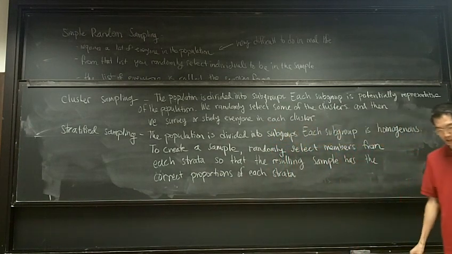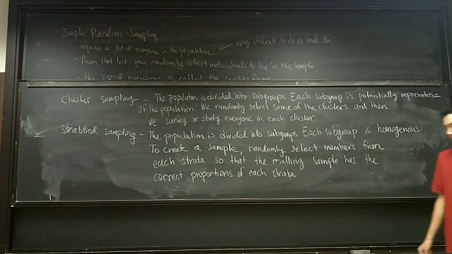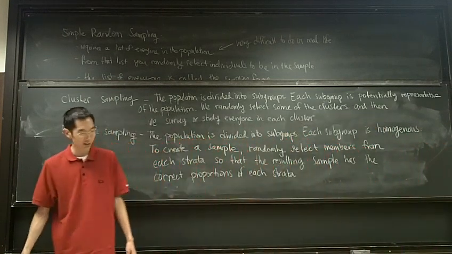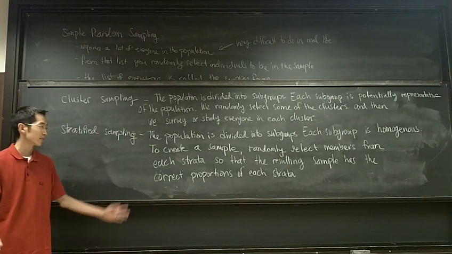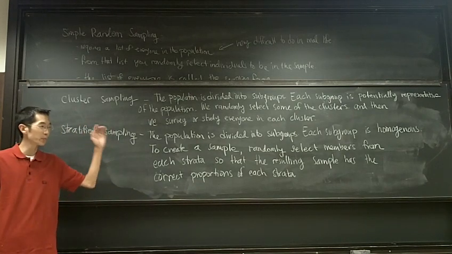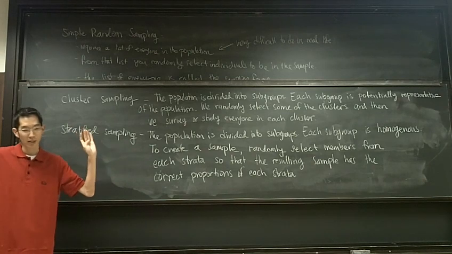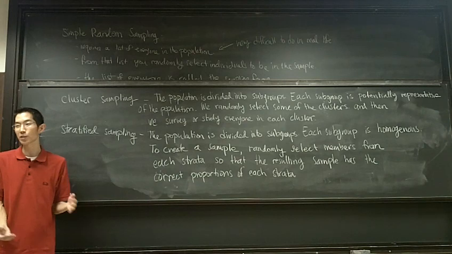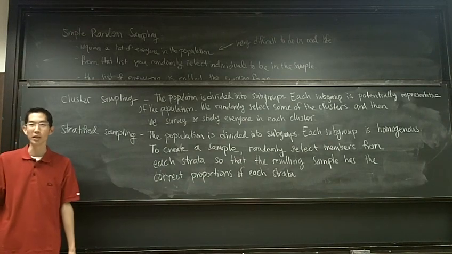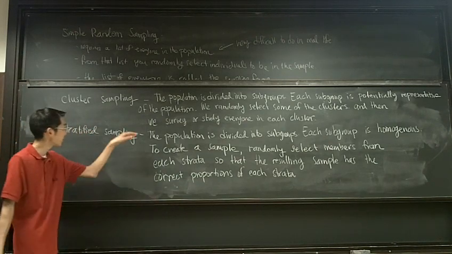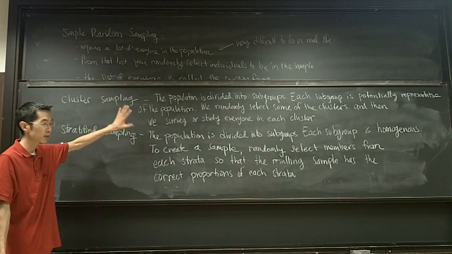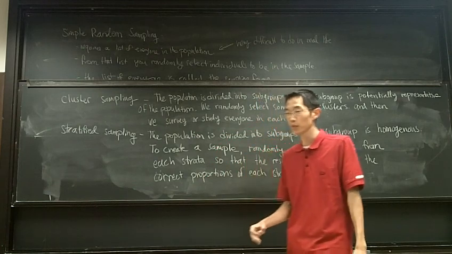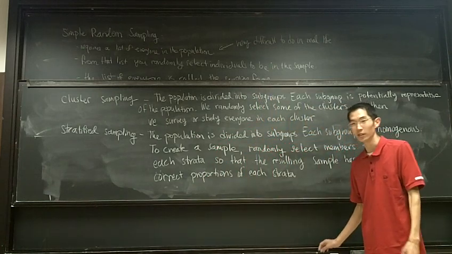So if the population is, whatever, 30% people under the age of 25, then in your sample you want to make sure that 30% of your sample are people under 25. And so that's stratified sampling. People get these two mixed up because they're both divided into subgroups, but the way the subgroups work is different.